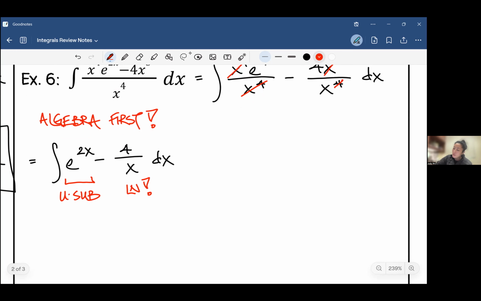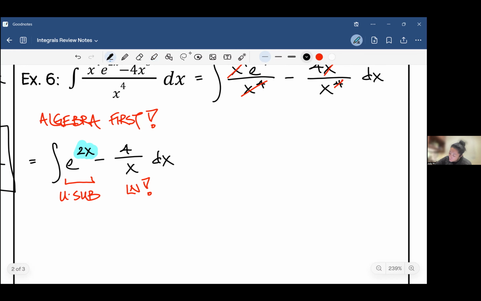The reason being, and let me highlight this literally, that 2x, it's not just an x. This is kind of like the chain rule that we talked about in the derivatives video. Anytime that power for e is not just x, it looks more complicated, chances are we'll need either chain rule for derivatives or u sub for integrals.